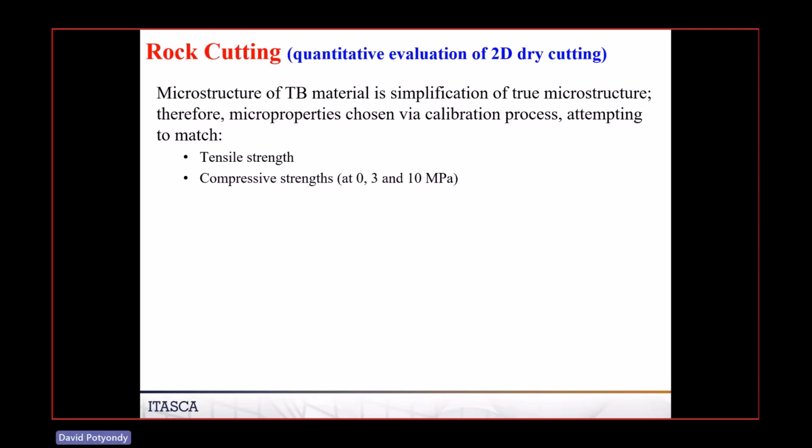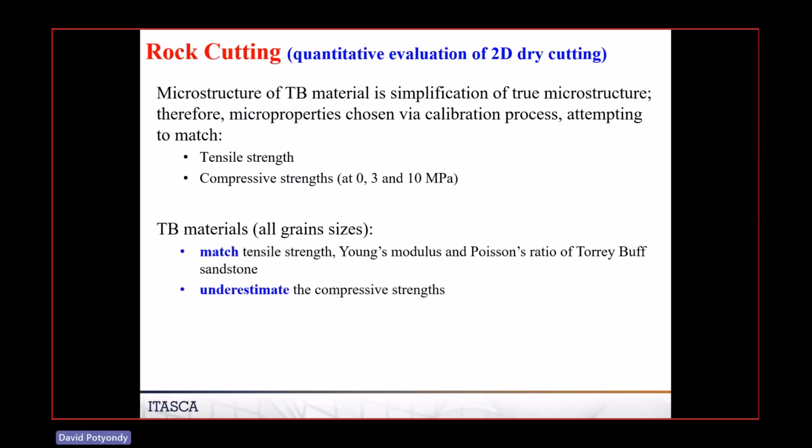Okay, so we try to match those things, and for this particular system, we use these parallel bonds, and what we find is that if we match the tensile strength, which we can do, we're going to underestimate the compressive strength, okay?